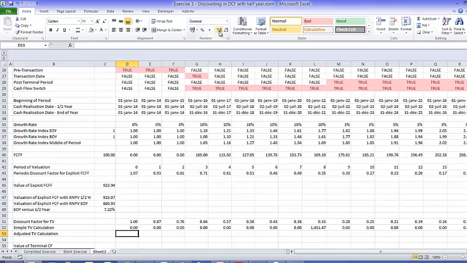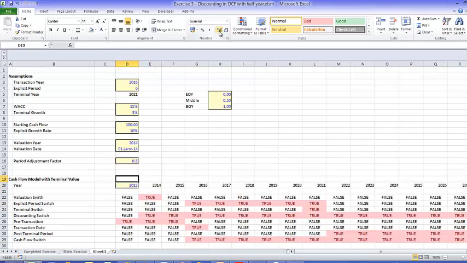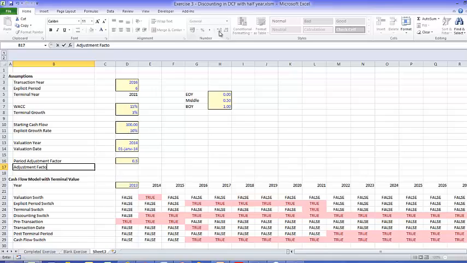Now, what we can show, and I'll show, is if we would move the terminal value around, let me just make this calculation. 1 plus the WACC raised to the 0.5.